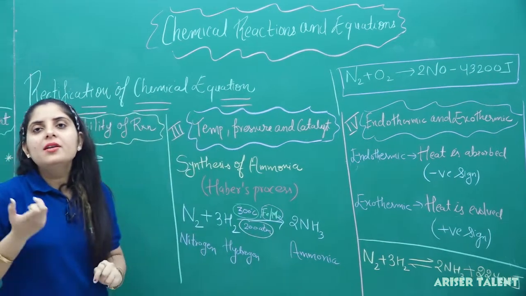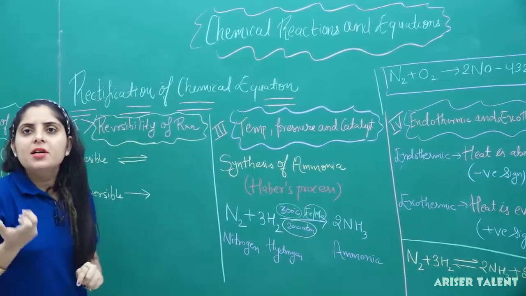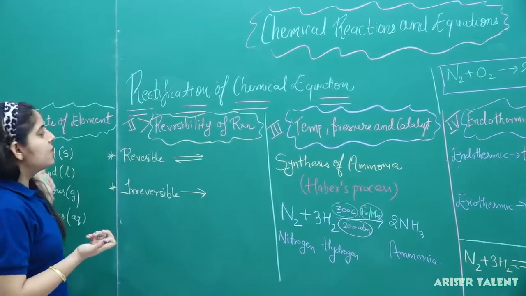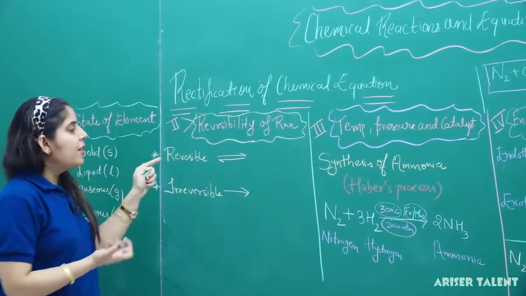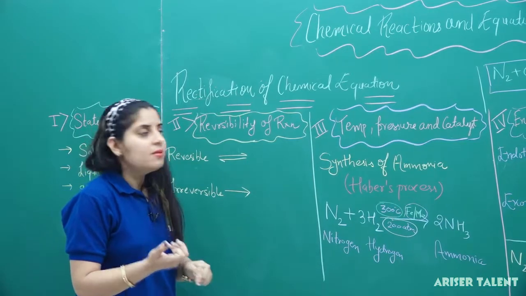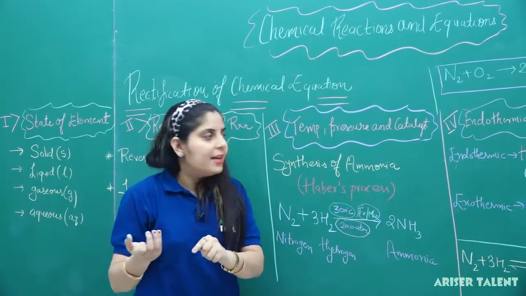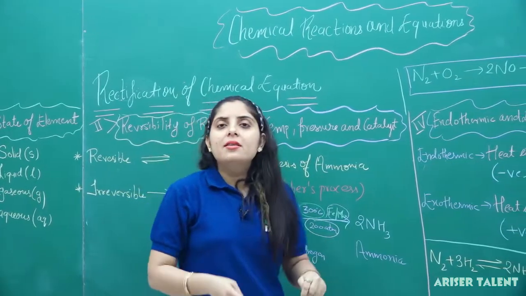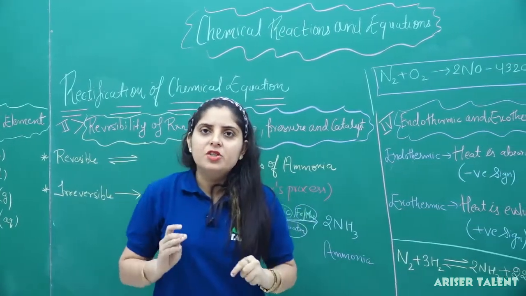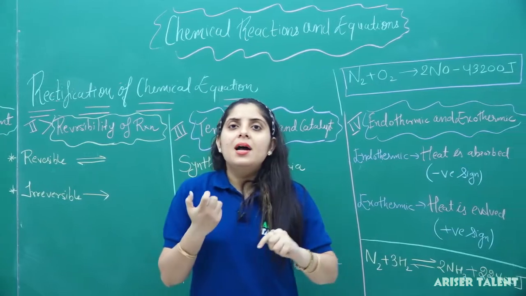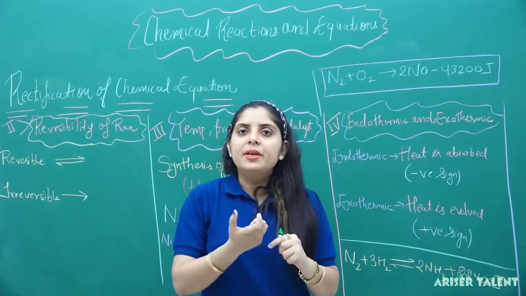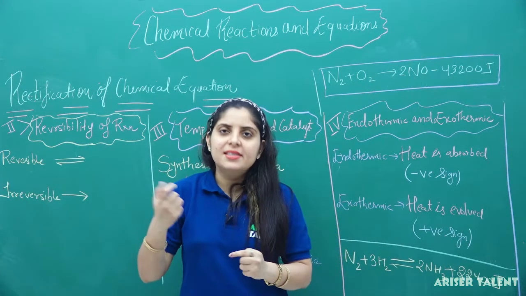So what are the rectifications we have done? Firstly, we will know about the state of the element. Secondly, we have checked the reversibility of the reaction. Thirdly, we have mentioned the condition of temperature, pressure and catalyst. And fourth, we will understand the endothermic and exothermic nature of the reaction. Now, lastly, we will check whether a precipitate is formed or gas is evolved.